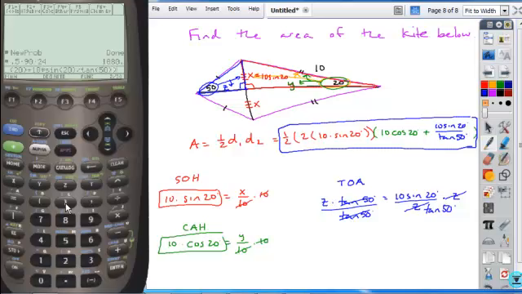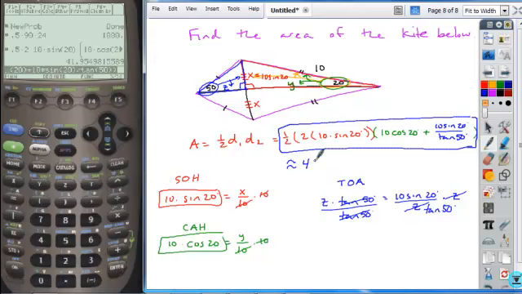I did use 0.5, so I've already entered it as a decimal. My answer should be displayed as a decimal, and I get 41.95 approximately for my area. It is a two-dimensional measurement, so it's square units for the unknown units.